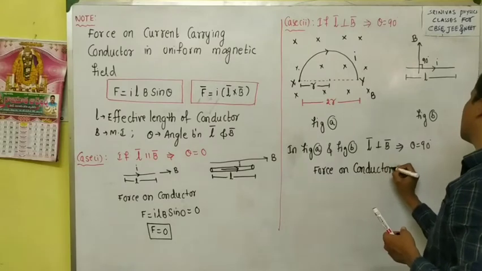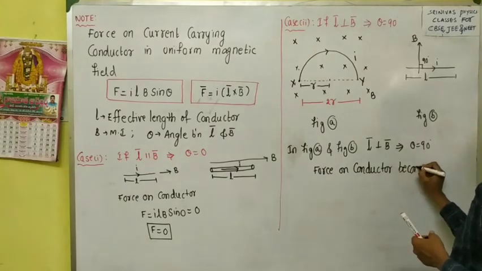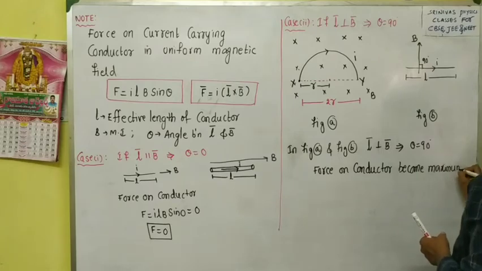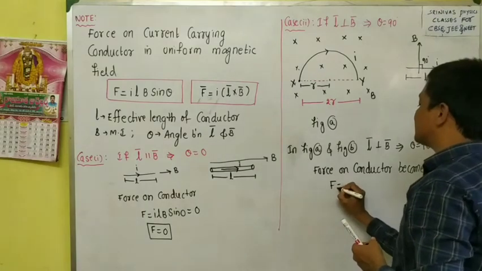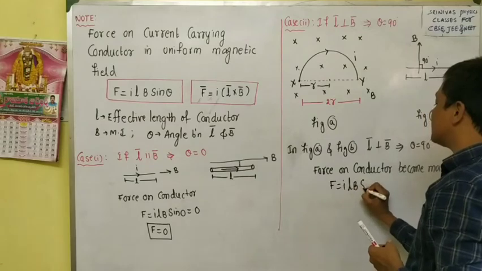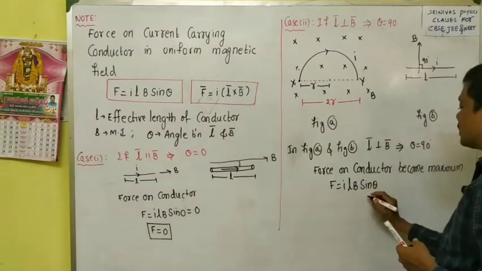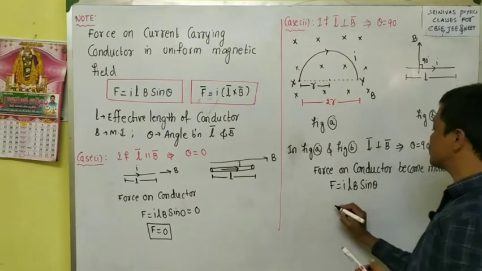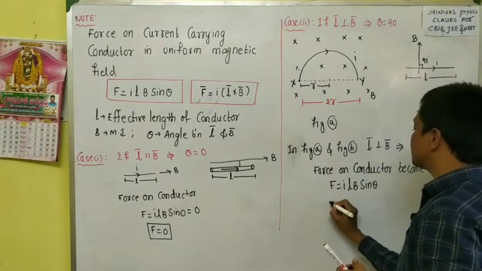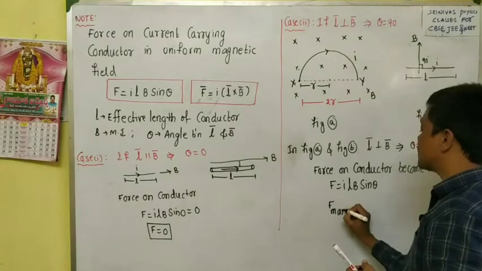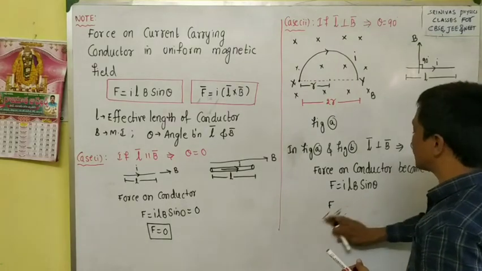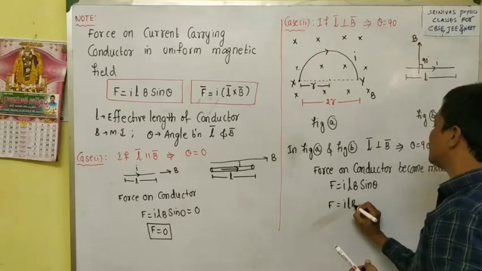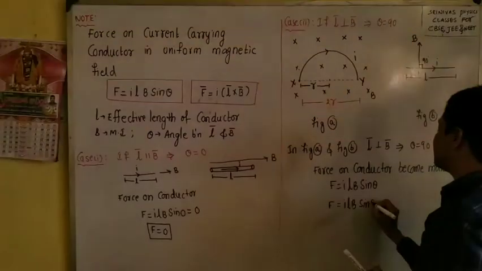Force on the conductor becomes maximum. Why maximum? The force on conductor formula is ILB sin theta. When theta is maximum, sin theta value is maximum, then the force is also maximum. Then we write the force as ILB sin 90.